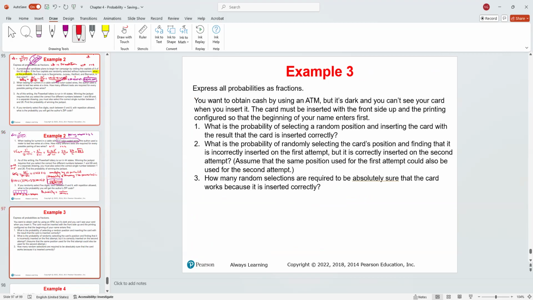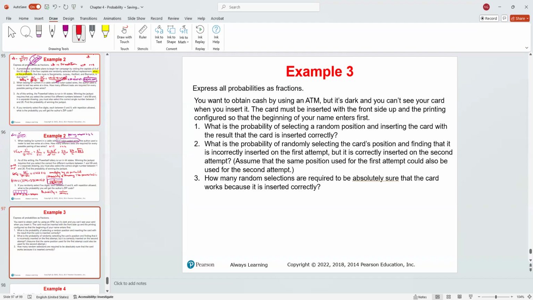All right. Let's go with a bigger example, because as we move forward we probably need more work to do. Let's go with this example very quickly. What they ask you to do: you want to obtain cash by using an ATM machine, but it's dark and you can't see your card when you insert it.